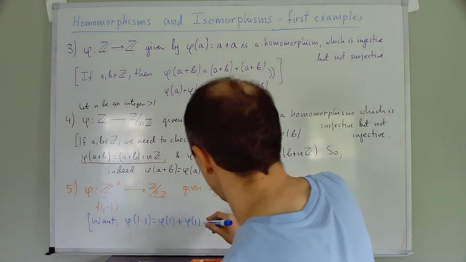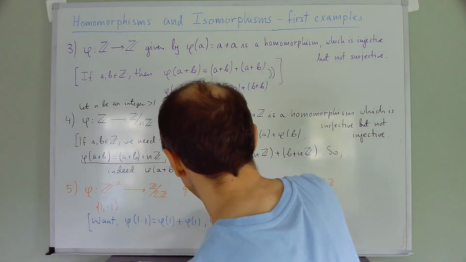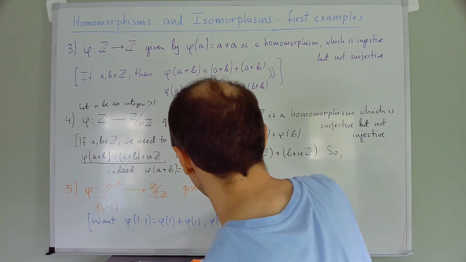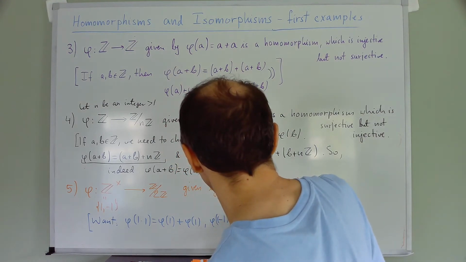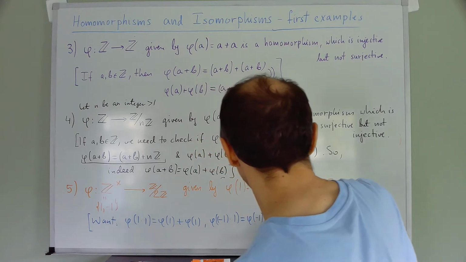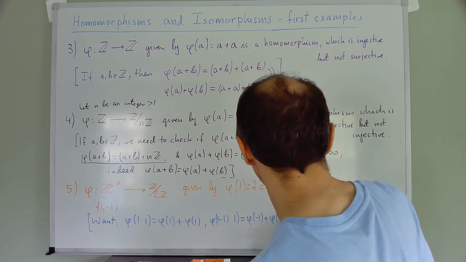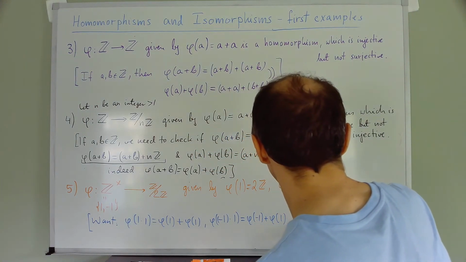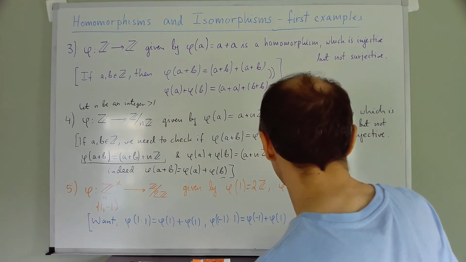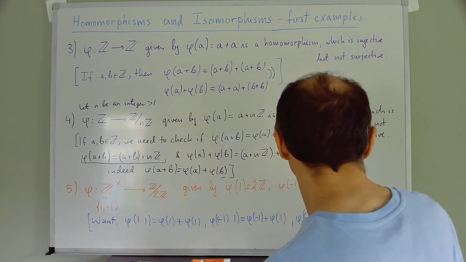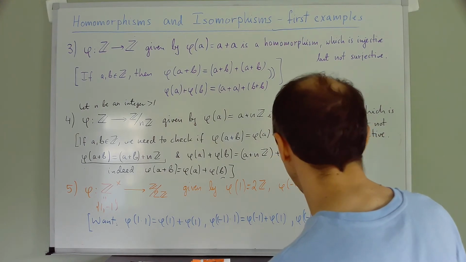Phi of minus 1 times 1 is equal to phi of minus 1 plus phi of 1. And finally, phi of minus 1 times minus 1 is phi of minus 1 plus phi of minus 1. I want all three to be true.